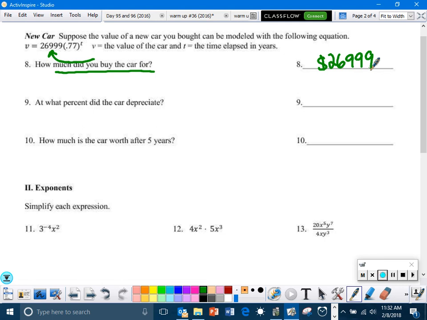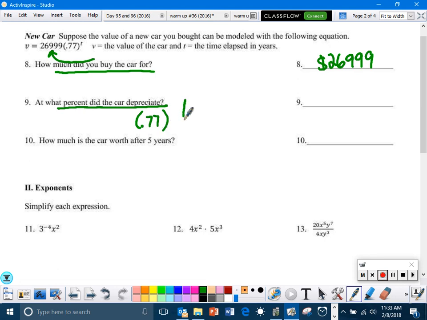At what percent did the car depreciate? Okay, so we got to be careful here. At what percent did the car depreciate? Well, inside the parentheses is 0.77, but our answer is not 77%. That's how much the value of the car remains. Now remember, to get that 0.77, we got to think about what did we subtract to get that. So I'm just going to go backwards.